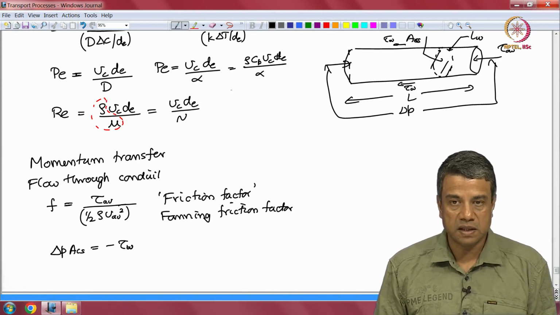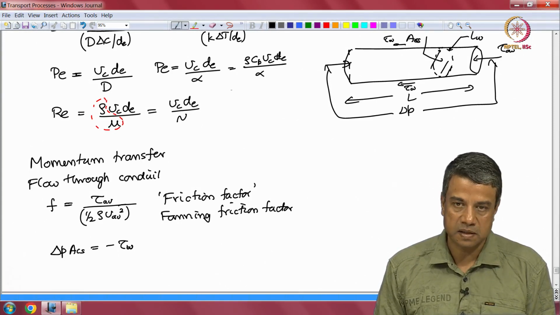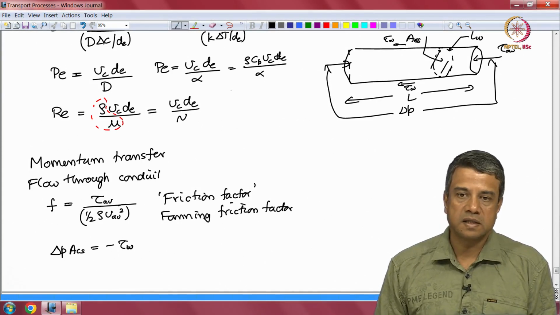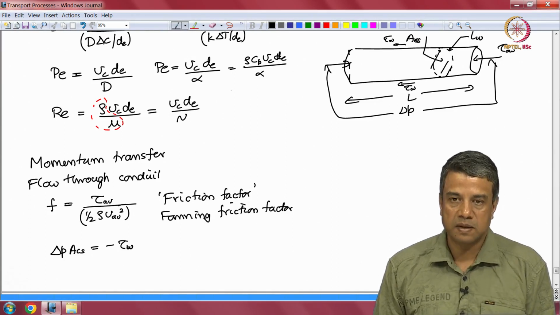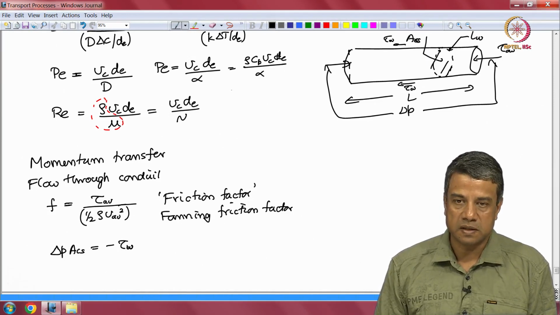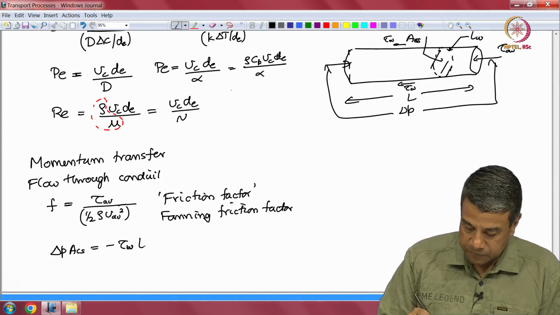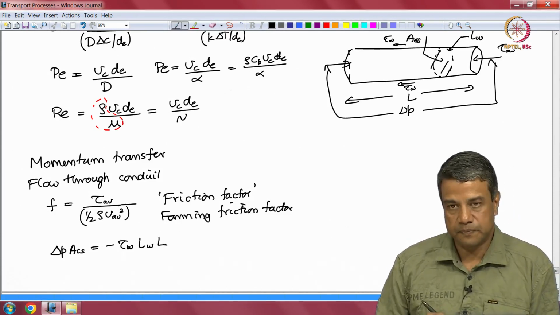The fluid, as it is flowing, is exerting a force in the downstream direction on the wall, and the wall is exerting an opposite force in the upstream direction. Therefore, this is equal to minus tau W into the surface area, which is the wetted perimeter times L.